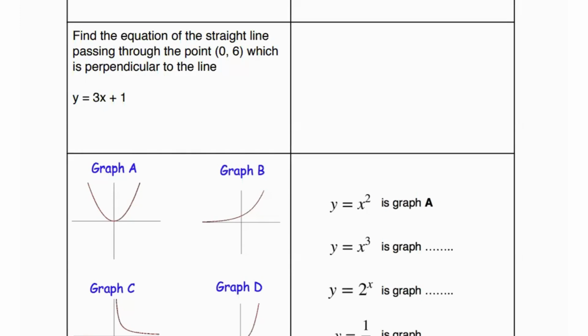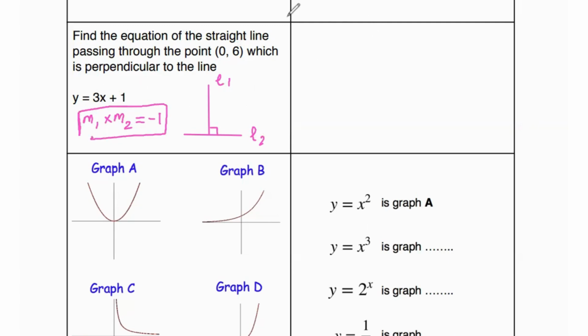If two lines, line 1 and line 2, are perpendicular, then the product of their gradients equals negative 1. M1 being the gradient of L1 and M2 being the gradient of L2. When you multiply those gradients, you get negative 1. This is a fixed rule.